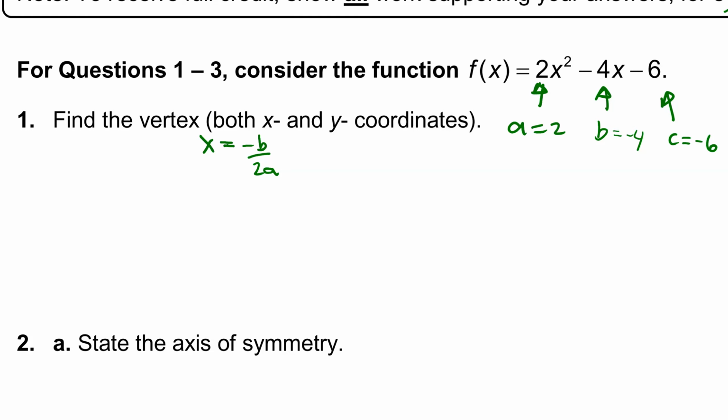The axis of symmetry is x. Isn't the x that is the axis of symmetry the same as the x? It's the same thing. I think you have to find x first, and then we put it in that table.